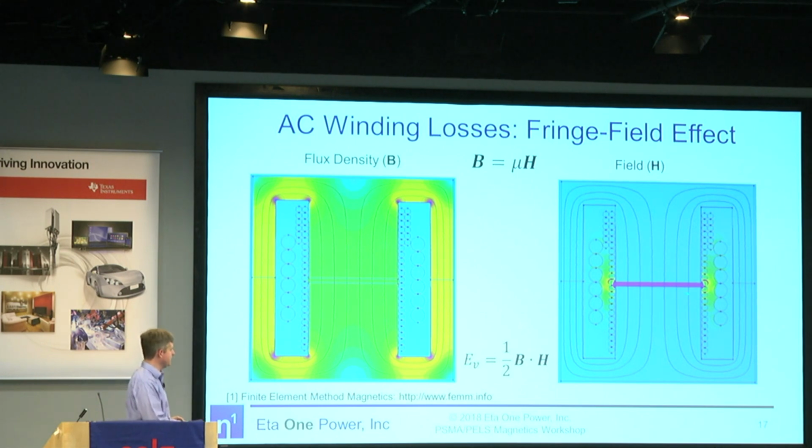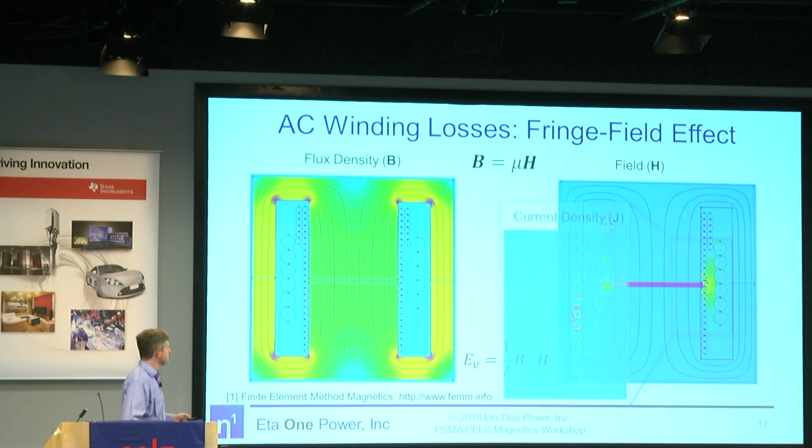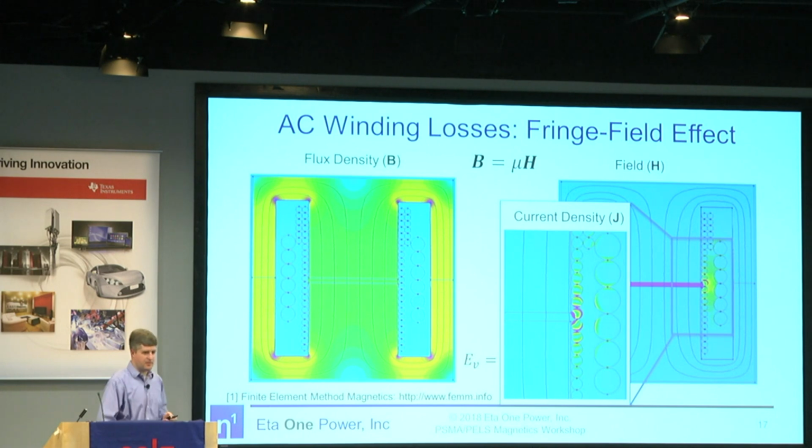So that's the gap here. But you also see that the high H field extends away from the gap. So that's your fringing field. And if you happen to put copper in there, you're going to be inducing currents in those copper pieces. So here's your current distribution. And those pink areas are bad.